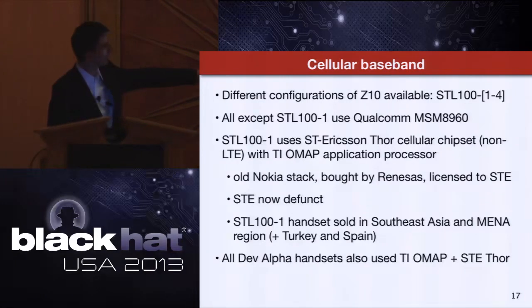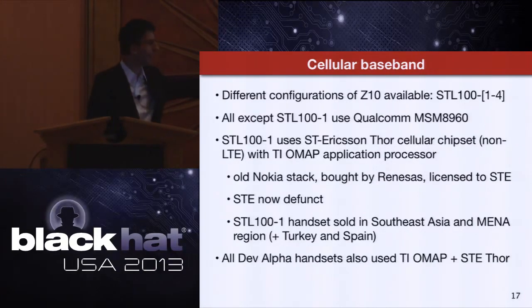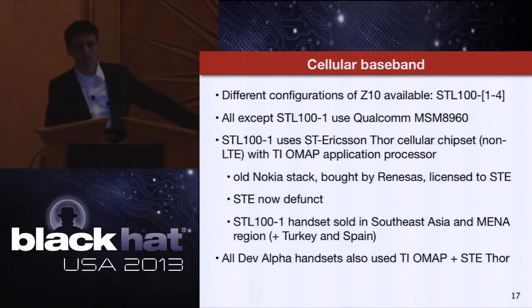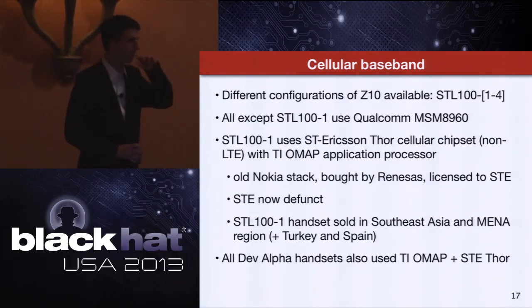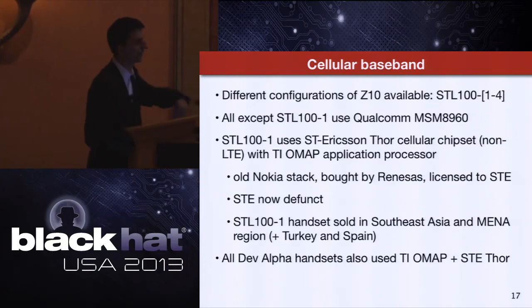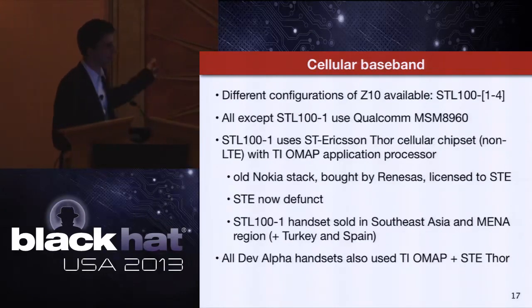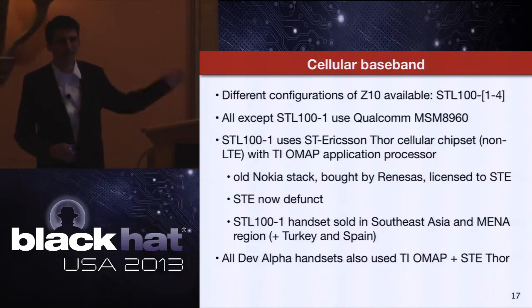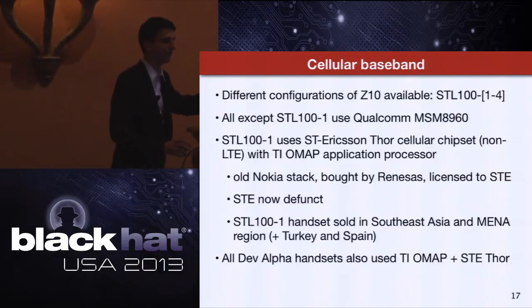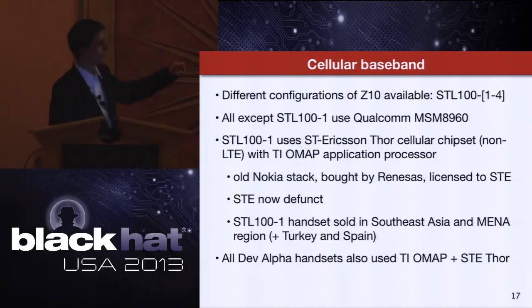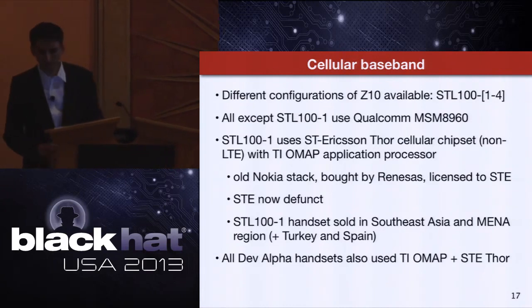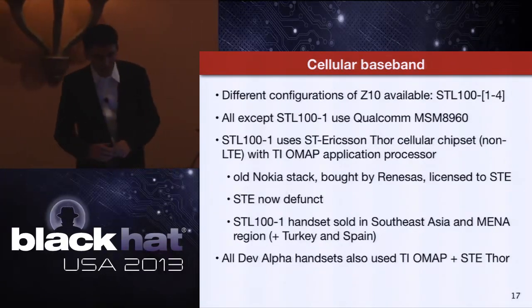I think this is because initially when they started developing the platform, they had these Dev Alpha devices and they're all aware of this exact same chipset combination. And this actually runs the old Nokia stack that was bought by Renesas and licensed to Sony Ericsson. The problem is the baseband division of ST Ericsson now is defunct. They don't develop anymore. They kicked out all their people. And this handset still is sold in Southeast Asia, the MENA region, and Turkey and Spain.